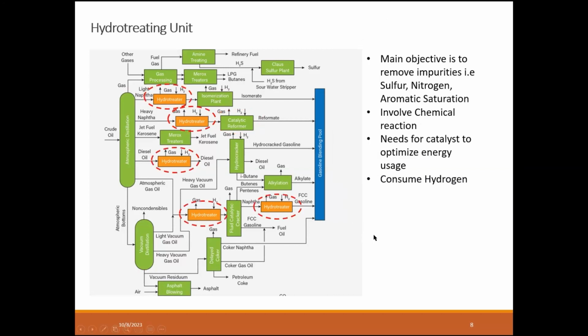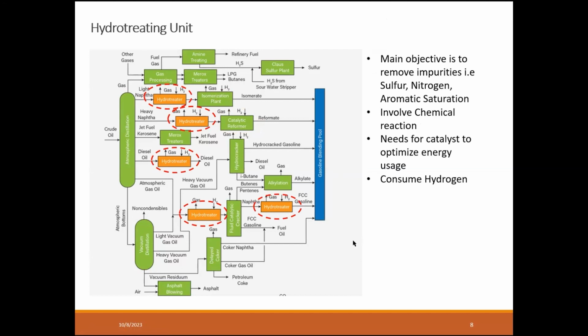Okay, so hydrotreaters involve chemical reactions. When I say they involve chemical reactions, it means we have a reactor, right? And when we have a reactor, we have a catalyst. The catalyst is needed to optimize energy usage or energy consumption.